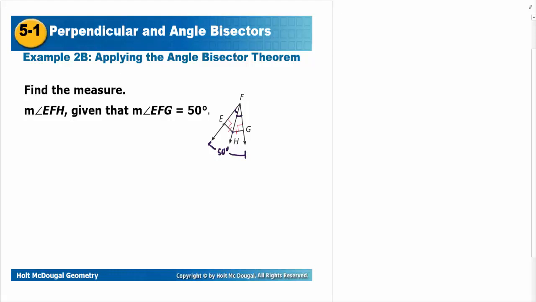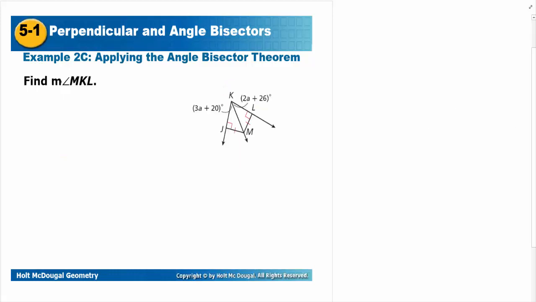If I'm looking for EFH, that's one of the angles that was bisected from EFG. So if the whole thing is 50, then that is 25 degrees and that's 25 degrees. They have to be equal. 25 plus 25 is 50, right? And they're equal. So the measure of angle EFH is 25 degrees. Pretty simple if you know what you're doing.